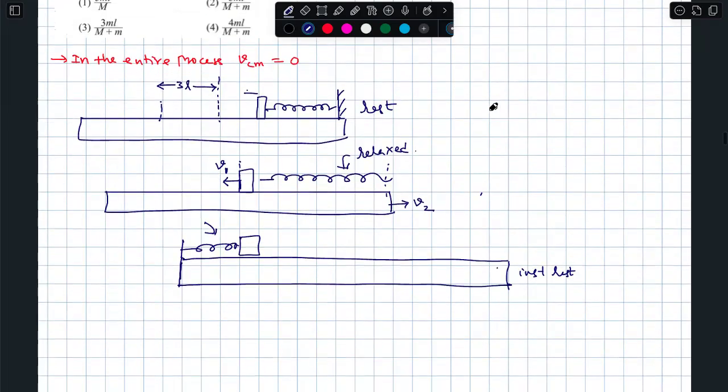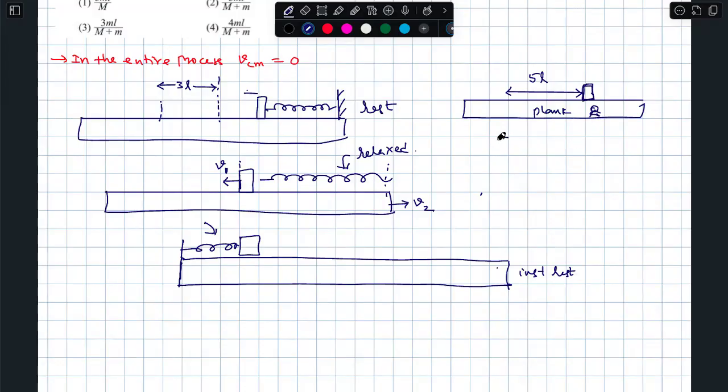So I hope you have clearly understood that with respect to the plank, the maximum displacement of the block will be 5L. Yes or no? With respect to the plank, the maximum displacement is 5L.